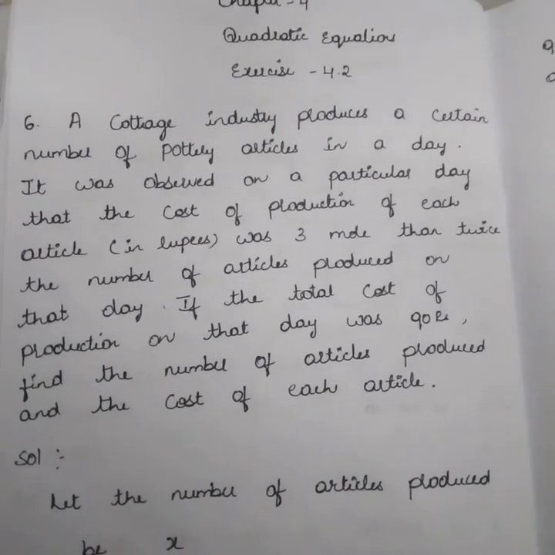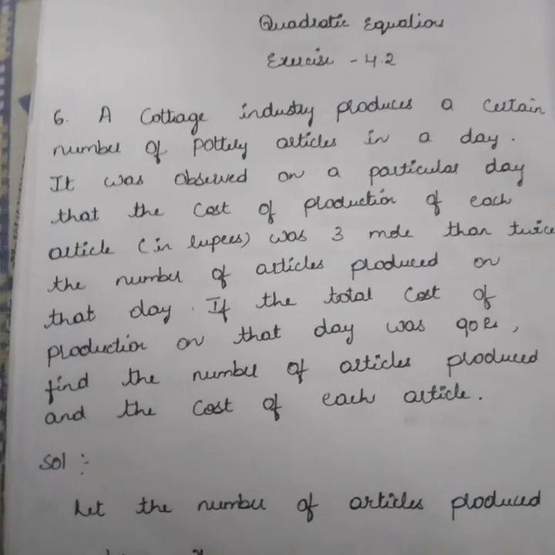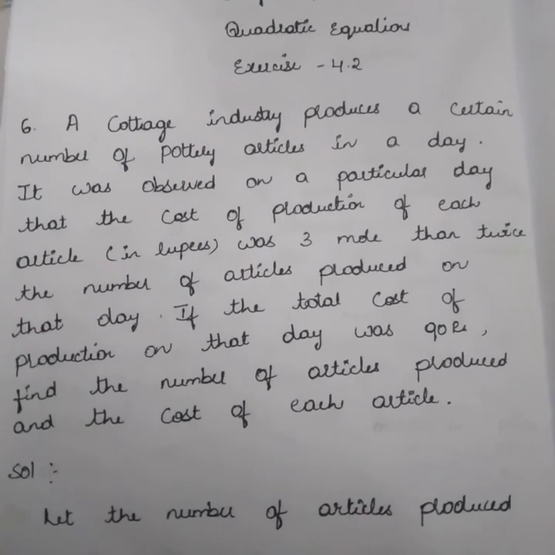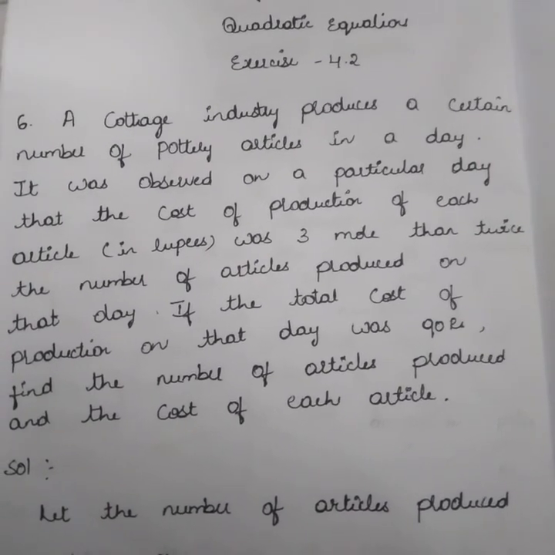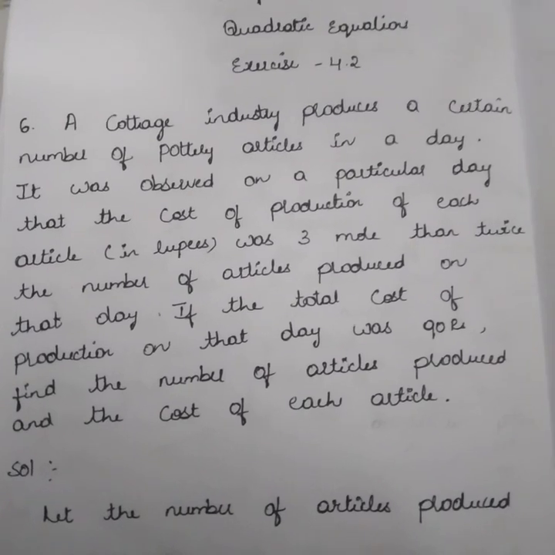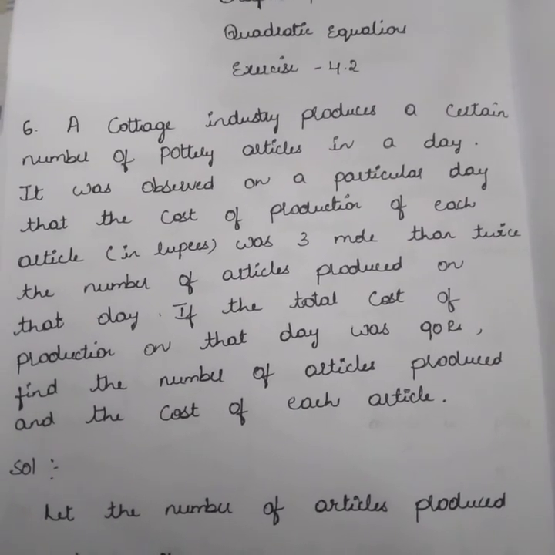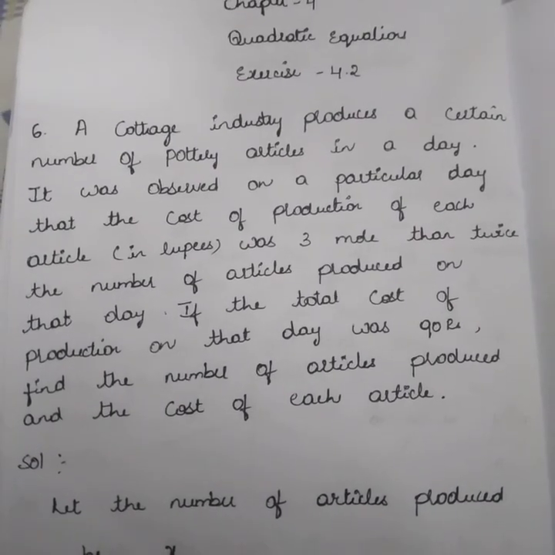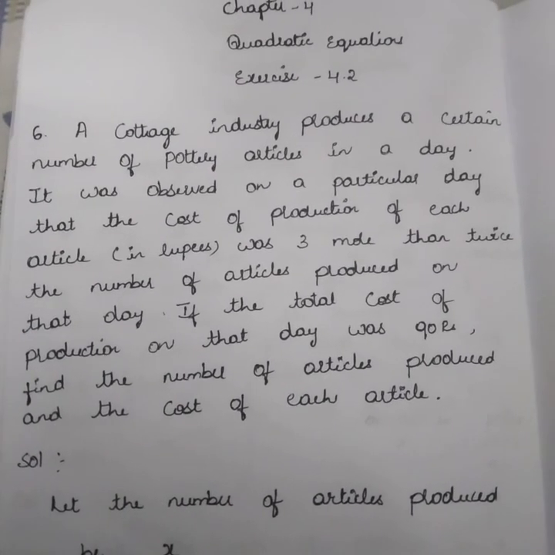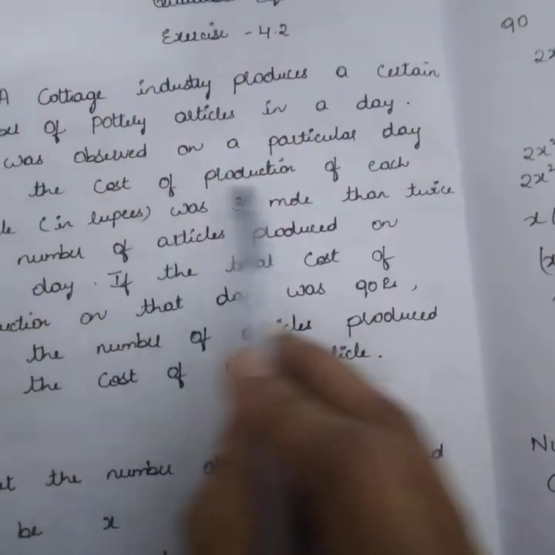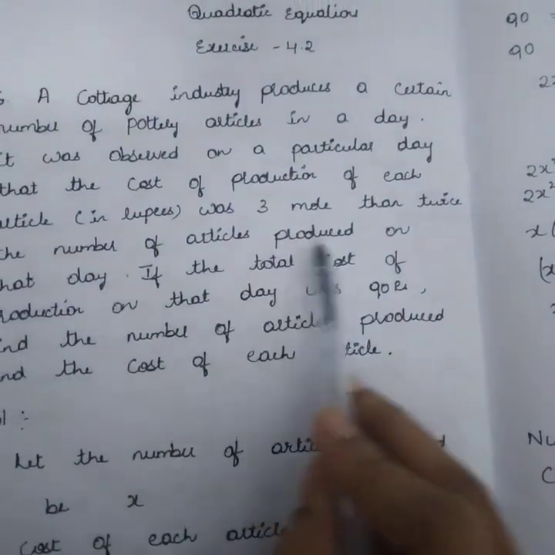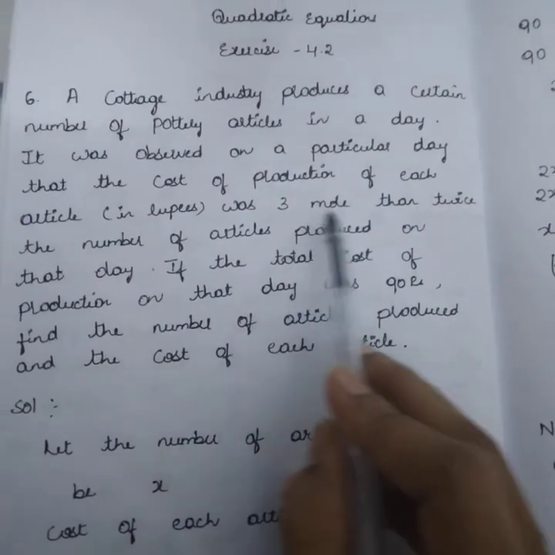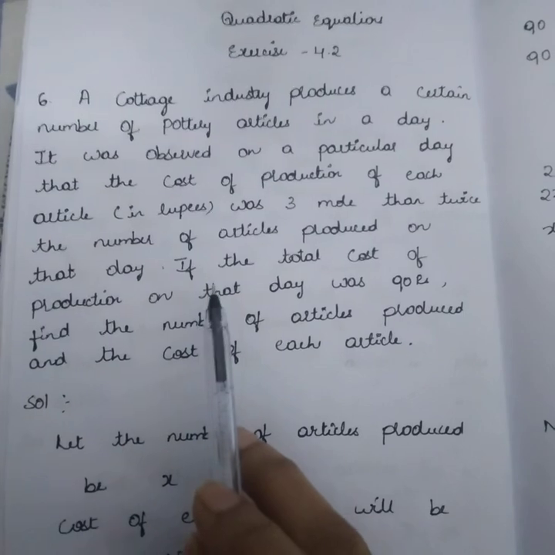cost of each article. Okay, here the question says that a cottage industry produces a certain number of pottery articles in a day. एक cottage industry है जो कि pottery articles बनाते हैं एक दिन में. It was observed on a particular day. एक दिन ऑब्जर्व किया गया है कि हर एक आर्टिकल का प्राइस जितने भी आर्टिकल्स बनते हैं उससे 3 मोर देन ट्वाइस यानी दुगने से 3 ज़्यादा. ठीक है.